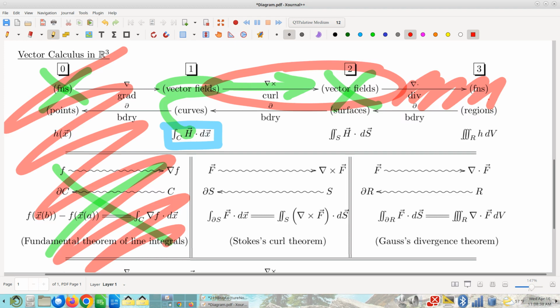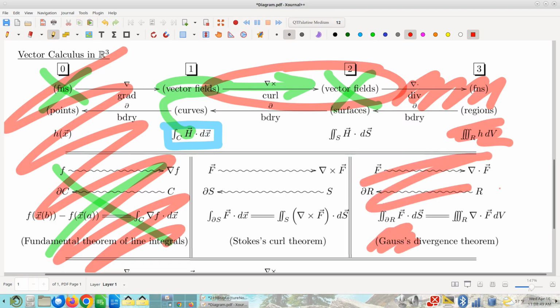Don't put it on the page. It's a bad look. And likewise, no triple integrals. Don't want to see the word Gauss anywhere. Steer clear of all of this as well. 0 chance that it's going to be relevant. This is purely a strategic point, just a test-taking, make-your-grader-happy kind of observation.